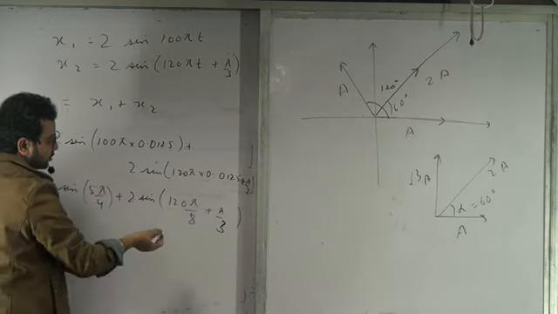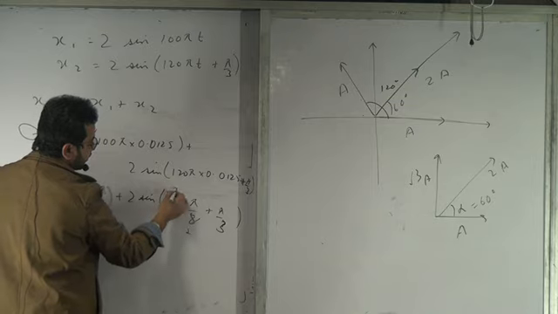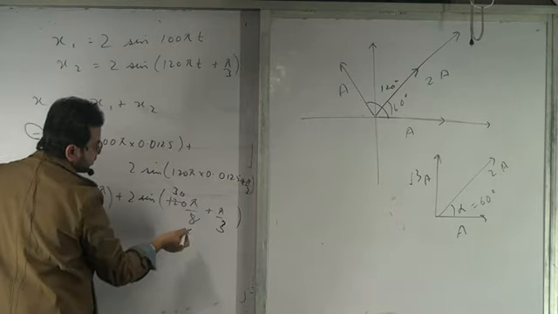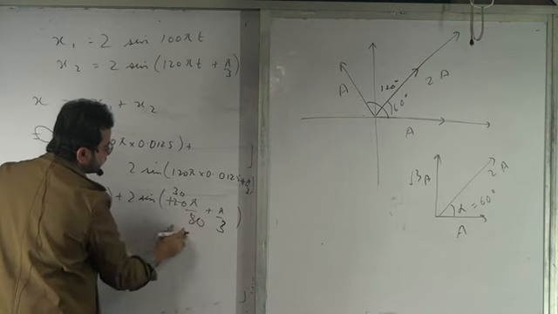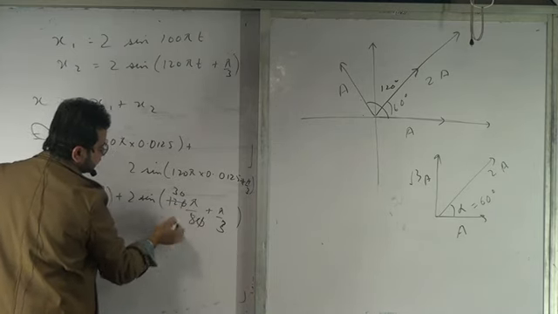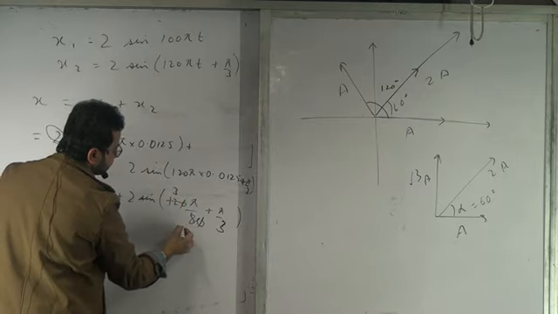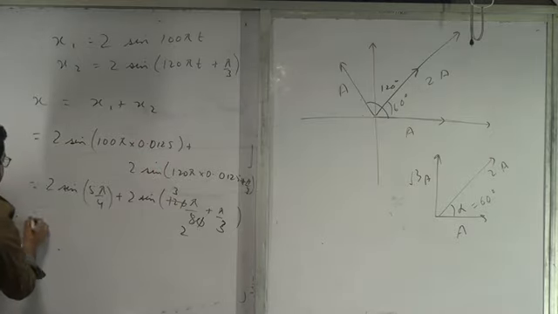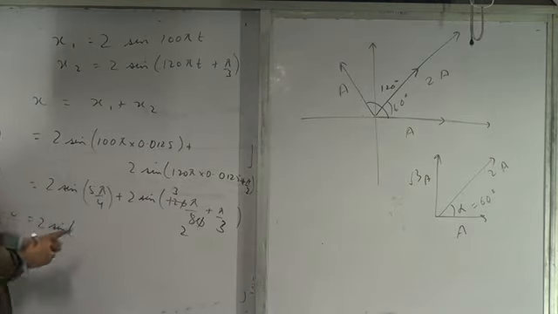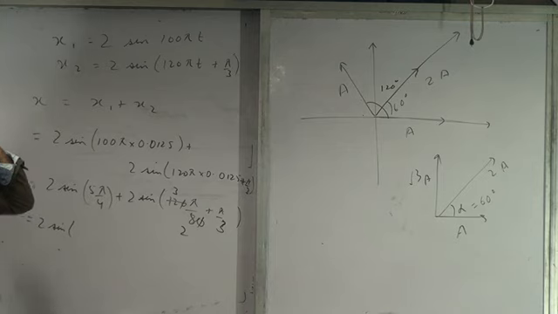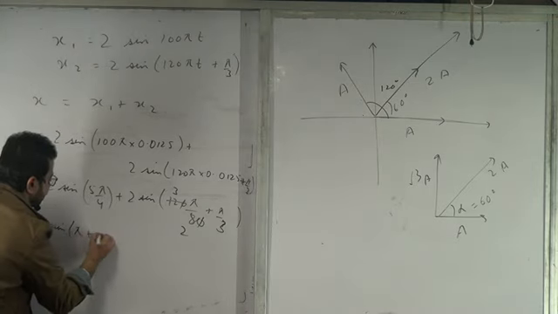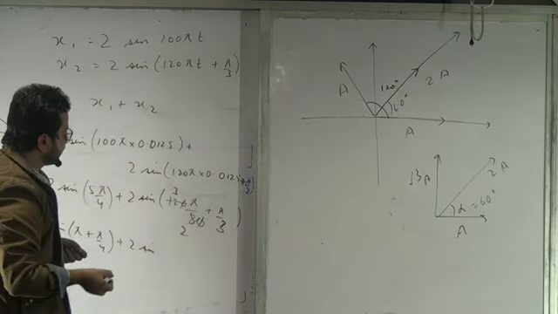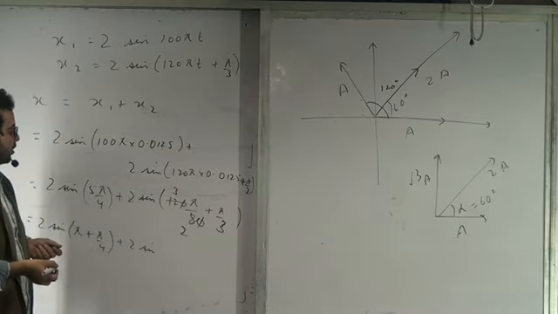So this is 3 pi by 2 plus pi by 3. So the first term is 2 sine 5 pi by 4, meaning pi plus pi by 4. And this is 2 sine of 3 pi by 2 plus pi by 3.